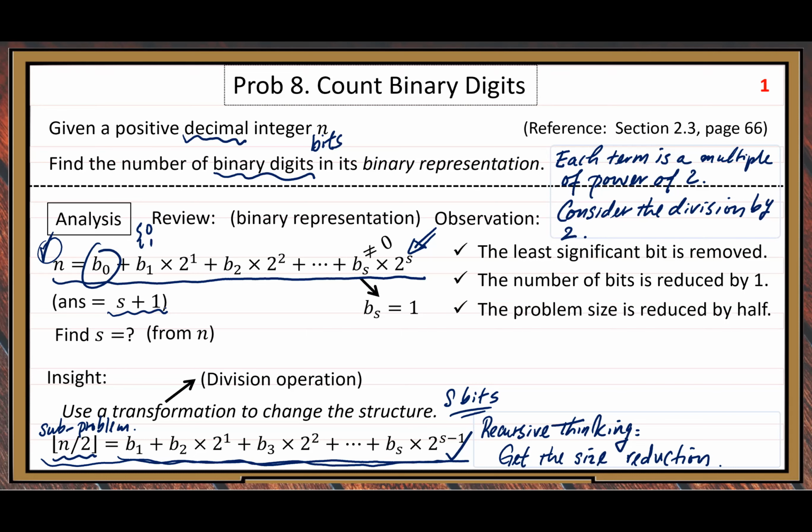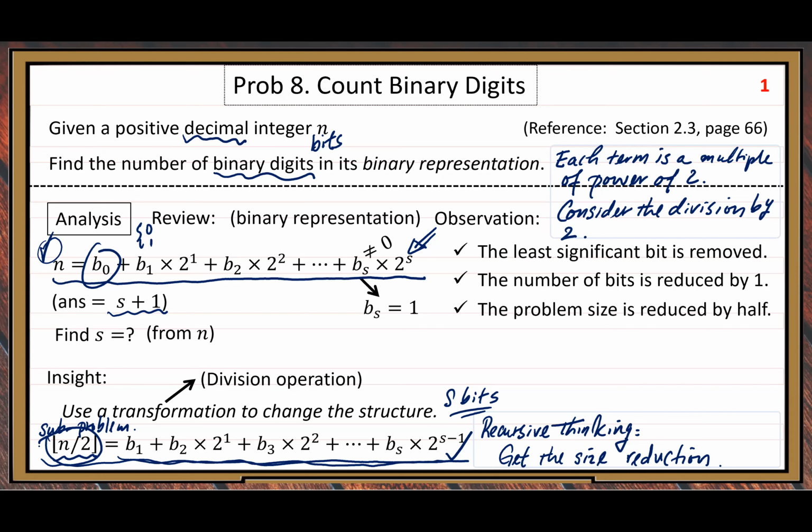The third one, the problem size is reduced by half, approximately, so we can treat it as n over 2, floor function. With these 3 observations, now we can write the critical step, the recurrence relation, easily.